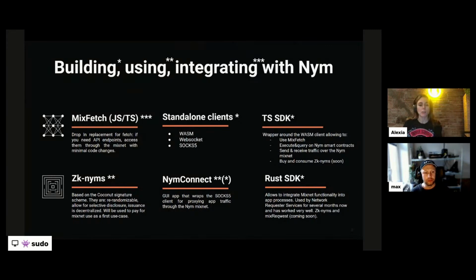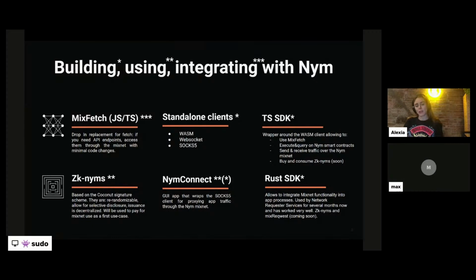But basically, what you can do with the TypeScript SDK at a very high level is use a tool called MixFetch, query or execute methods on the Nym smart contracts, send and receive traffic through the Nym Mixnet, and buy and consume ZK credentials. The Rust SDK is broadly the same, but Max will get into the details of this. And then we have the standalone clients.